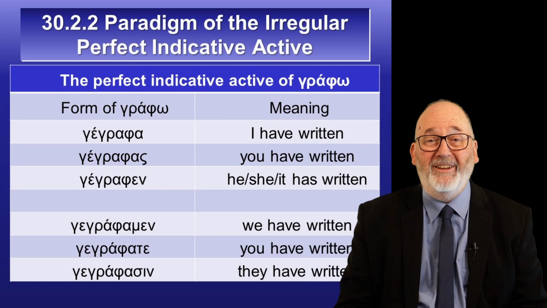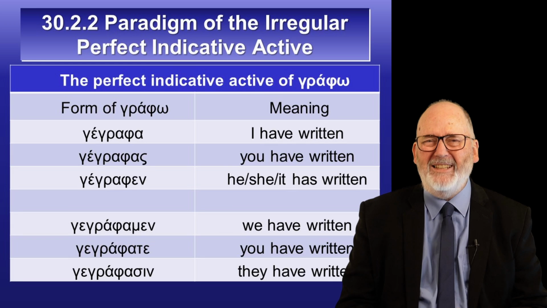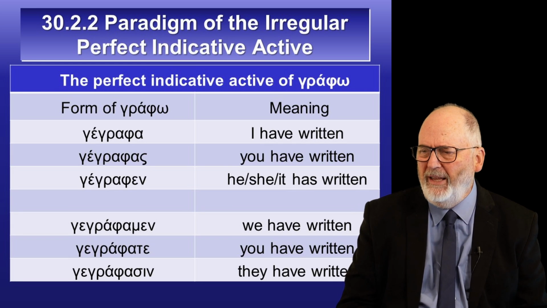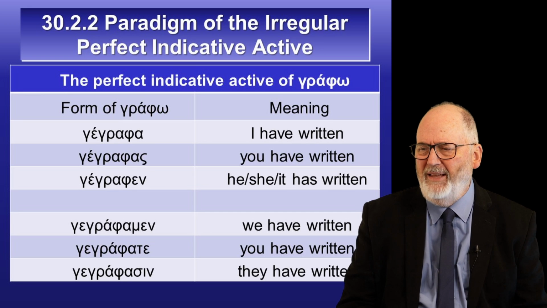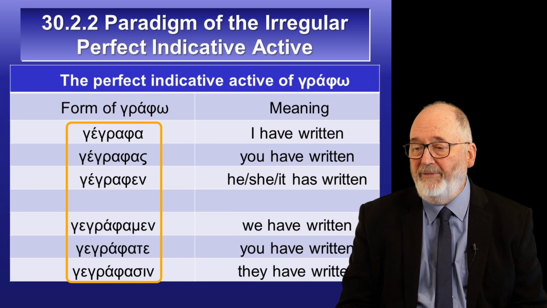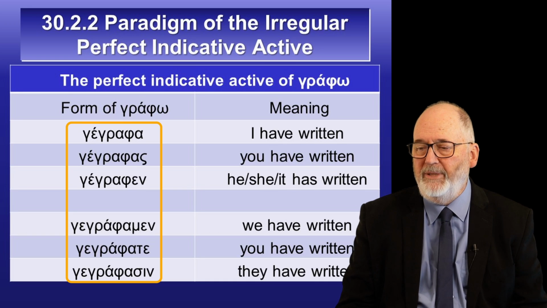And here is a paradigm of gegrapha, and it does pretty much what you'd expect. Instead of a kappa, it has a phi, and it just adds the a, as, e, amen, ate, asin endings on it. So it becomes gegrapha, gegraphas, gegraphen, gegraphamen, gegraphate, gegraphasin.